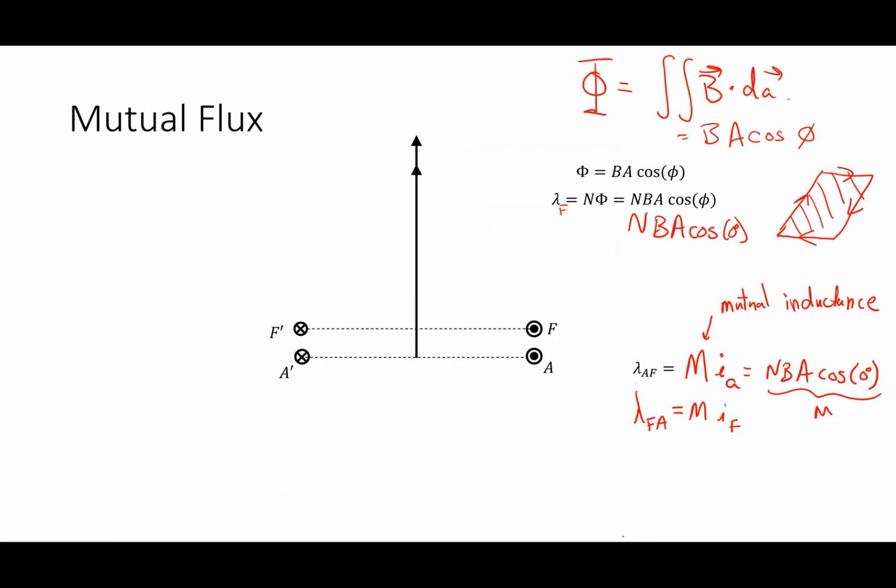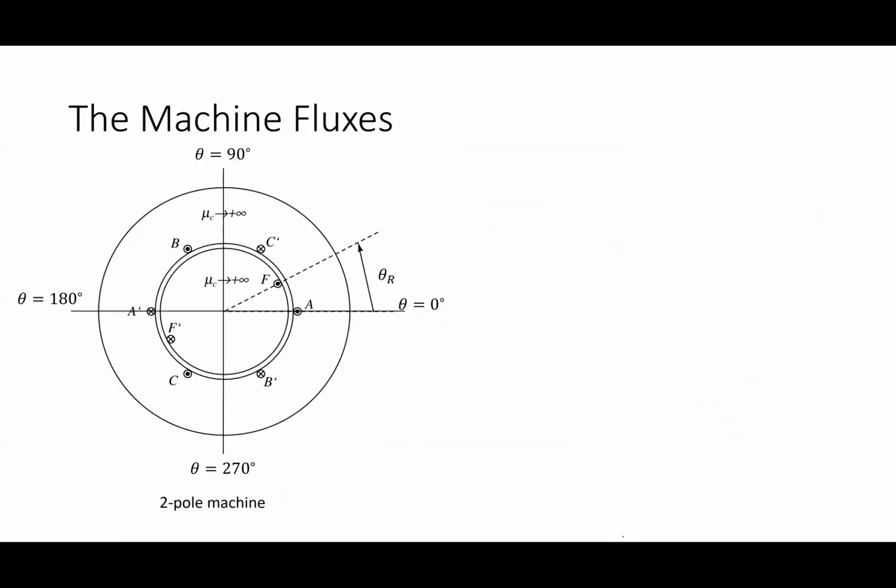And specifically, I would say that LA IA, that LA doesn't change, right? Coil A is not moving with respect to itself. That's impossible, right? So if I start talking about the rotor, I would say that this is M times cosine theta R times IF. I'm going to write IF like that because it's a constant current.